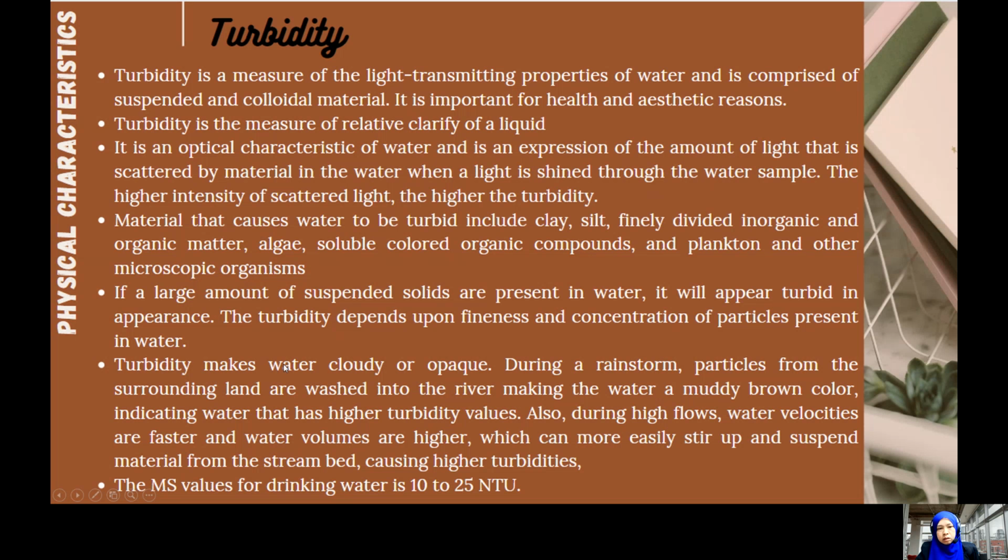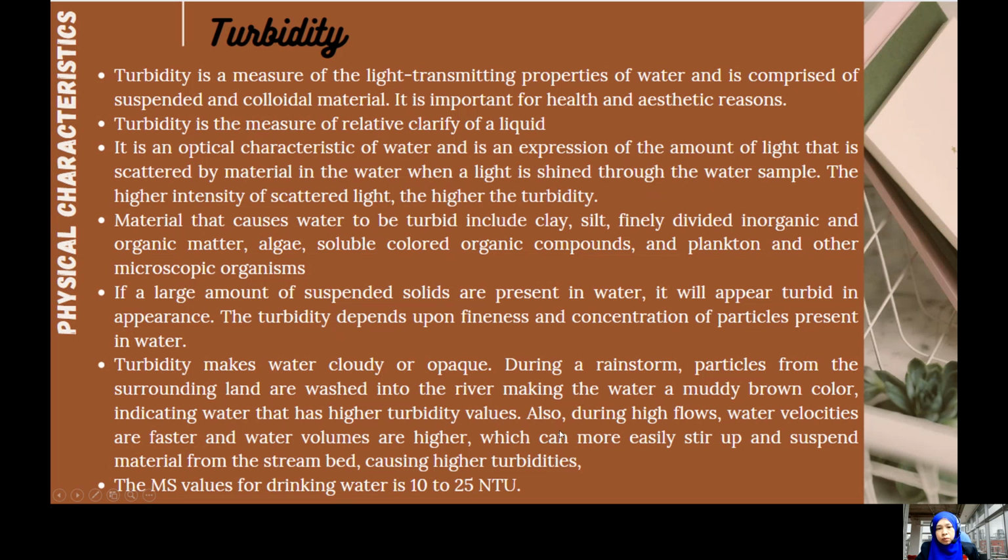Turbidity makes water cloudy or murky. During a rainstorm, particles from the surrounding land wash into a river, making the water a muddy brown color, indicating water that has a higher turbidity value.